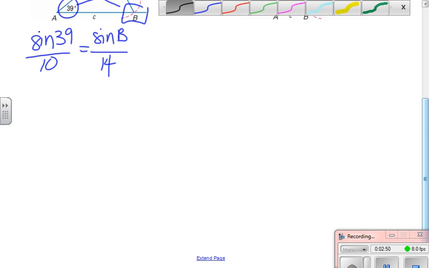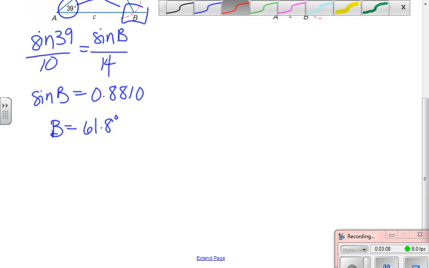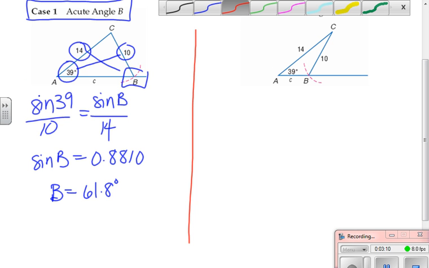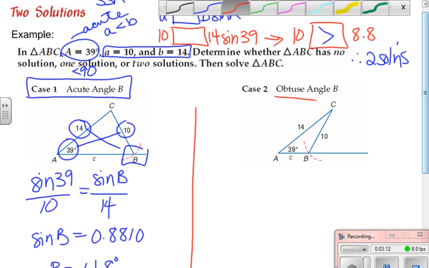When you cross multiply and divide here, you end up with the sine of B being equal to 0.8810. Use the inverse. That makes B 61.8 degrees. Now how do I figure out what the obtuse angle, that's the angle between 90 and 180, is?